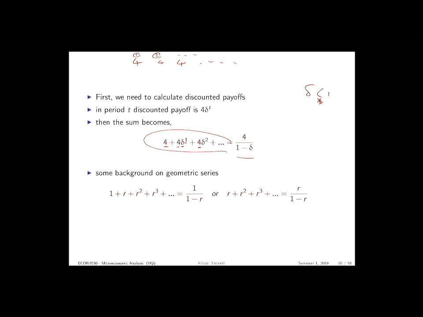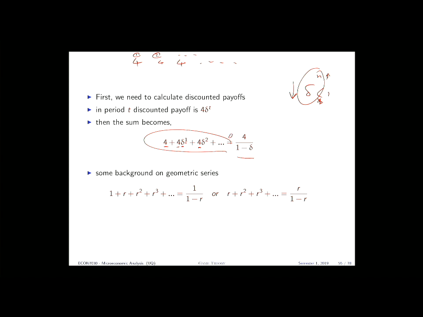Remember that since delta is less than 1, when we take it to the power of a larger number, it becomes a lower number. The larger the n, the lower is the whole thing. Because this is a smaller than 1 number, multiplying it by itself several times will reduce it to a smaller number. So therefore, this series will converge to 0.